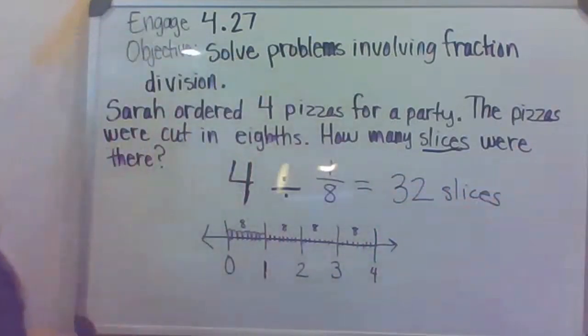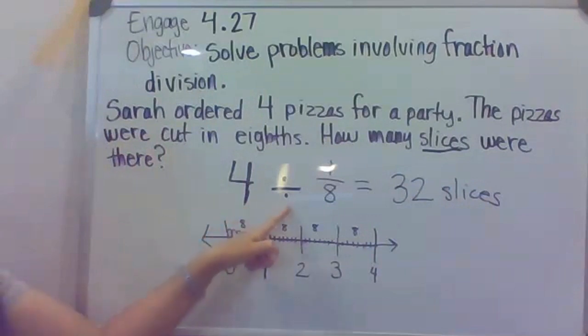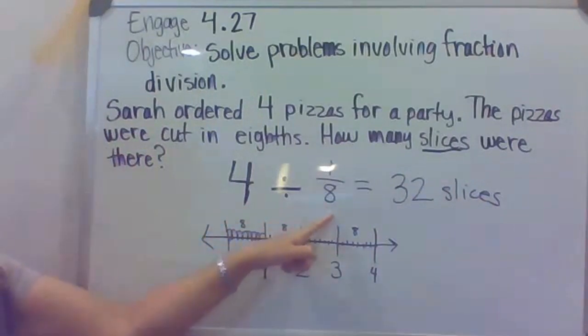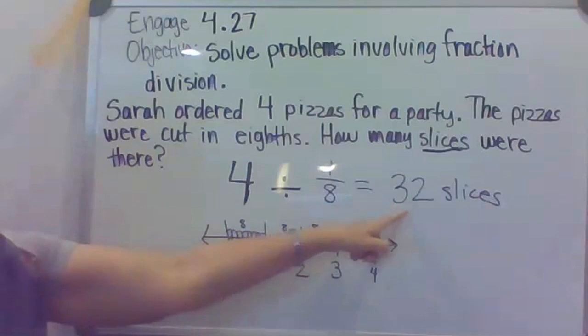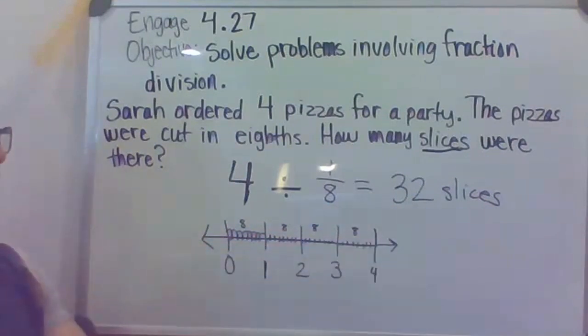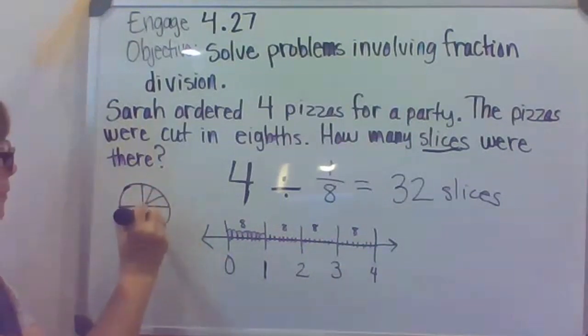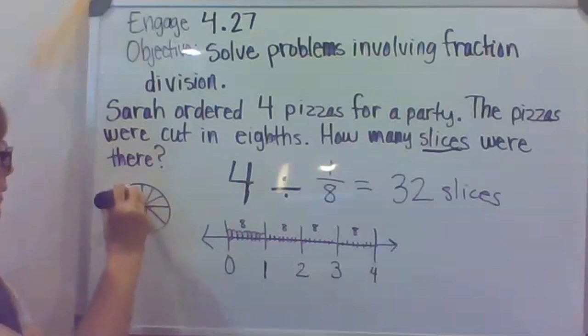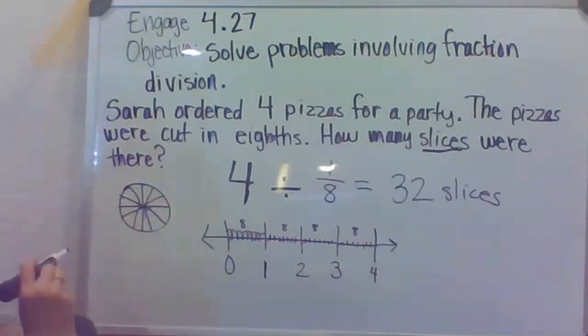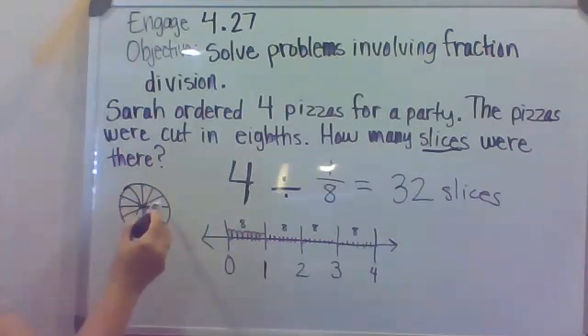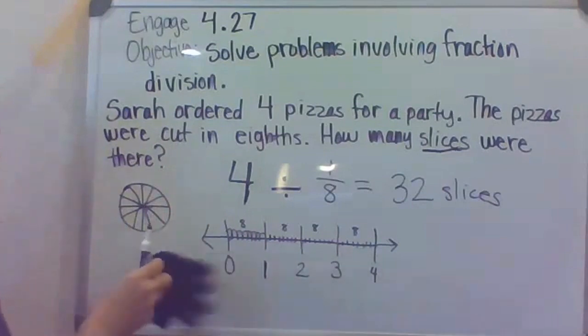slices. So again, if I have 4 whole pizzas and I divide them into eighths, how many slices of pizza will I have? You can also draw your pizzas. If that's one pizza there, and I have 1, 2, 3, whoa, that's not eighths.